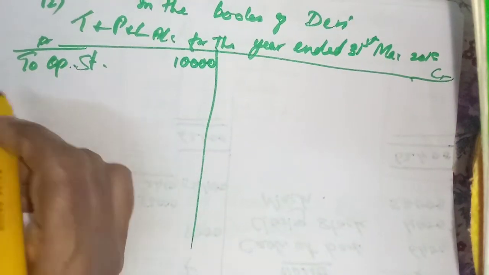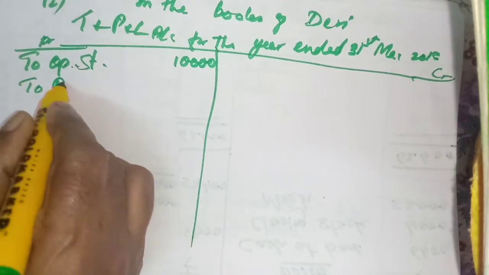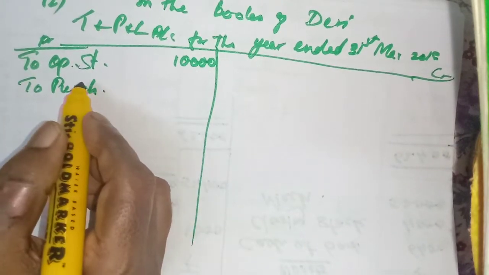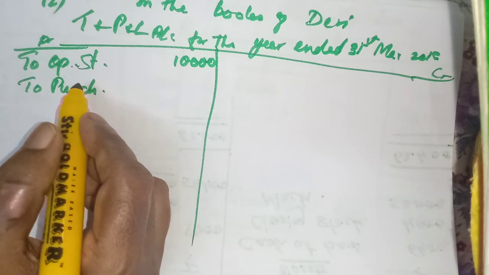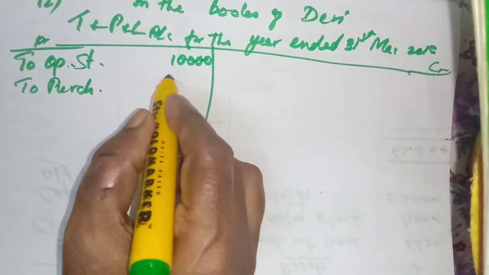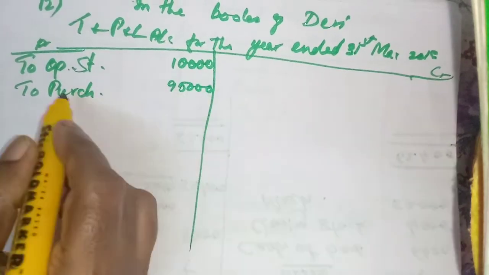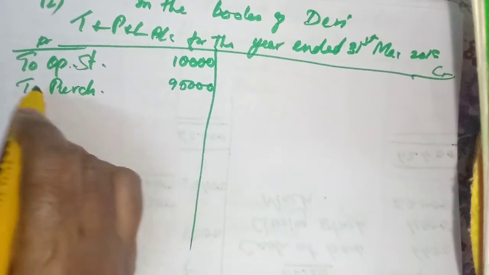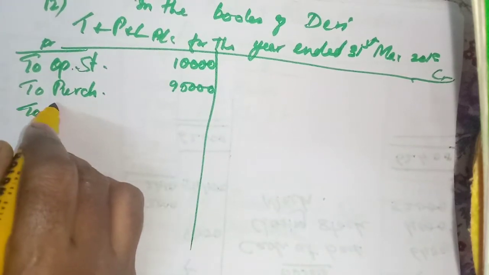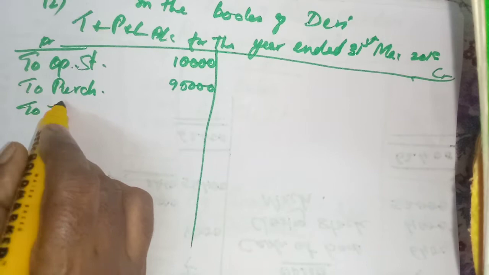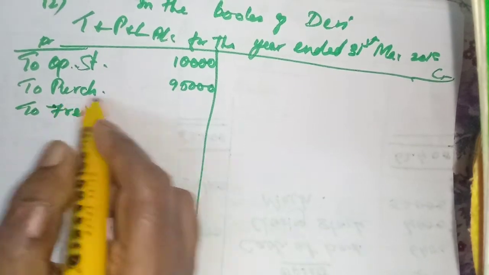Okay, then opening stock, then purchases. Purchases here they have given no returns. Okay, so 95,000. Then direct expenses, only the debit side you see. Freight inward 750.